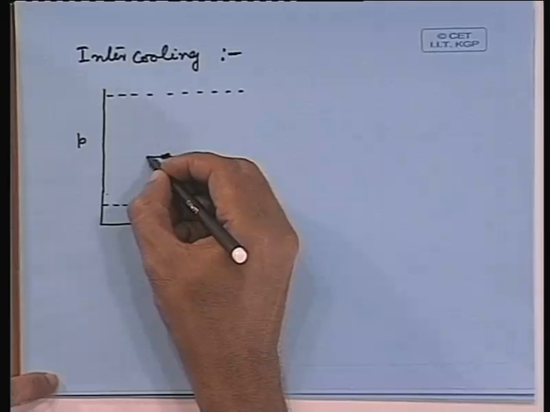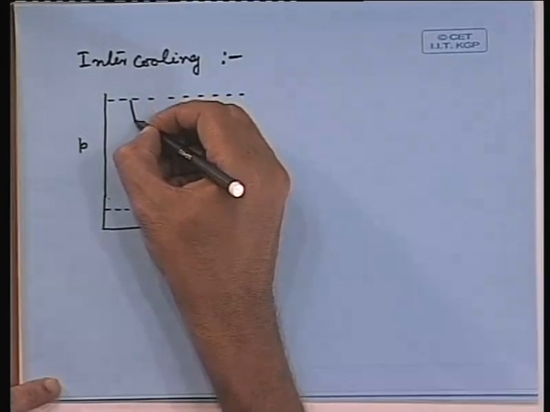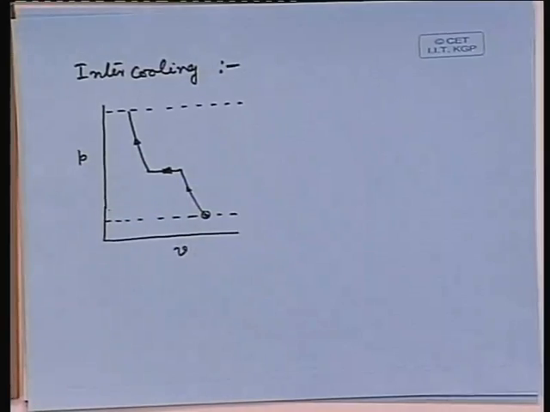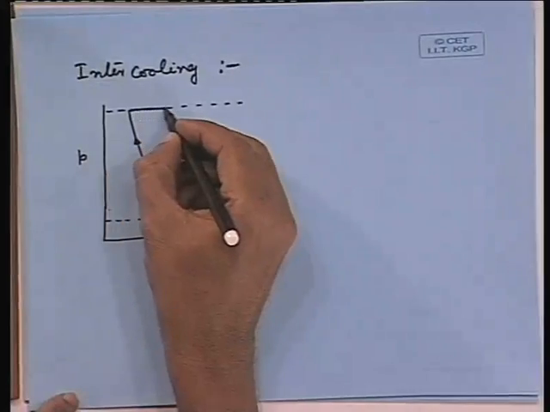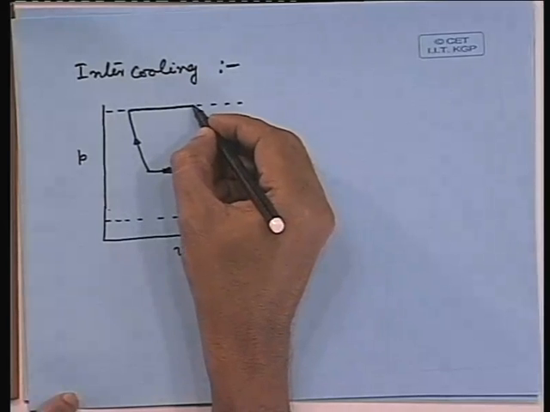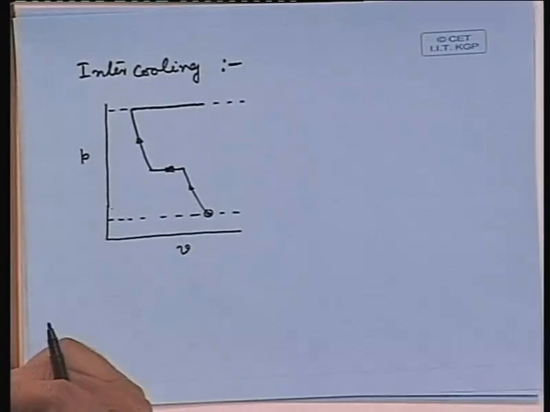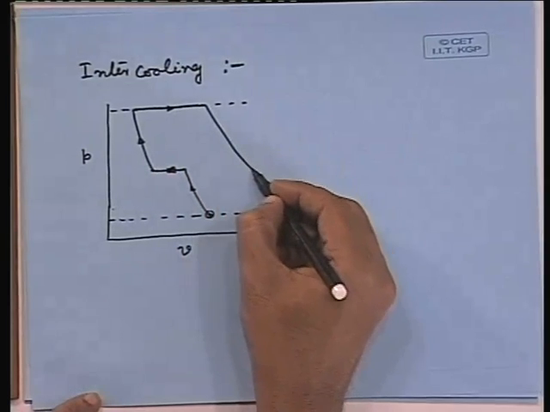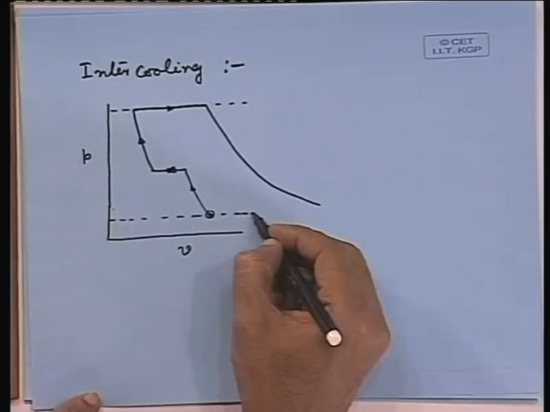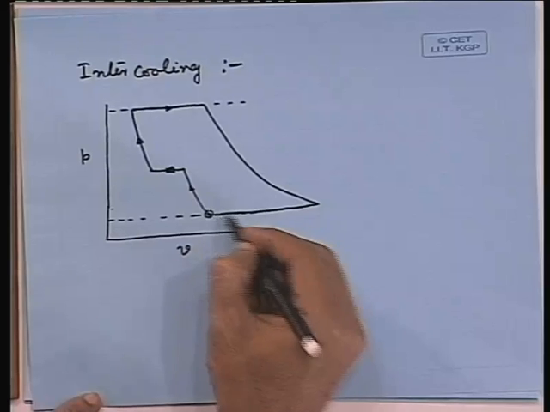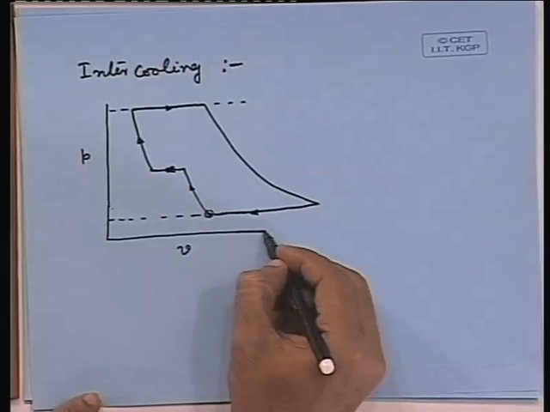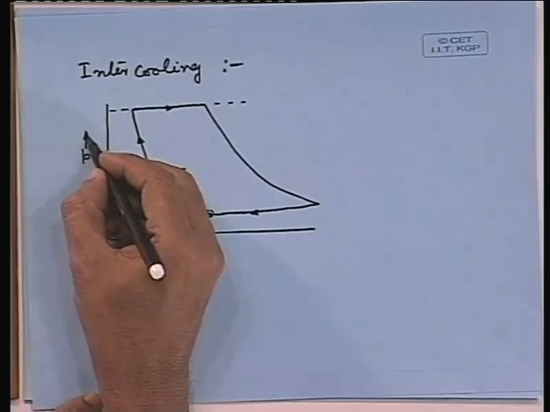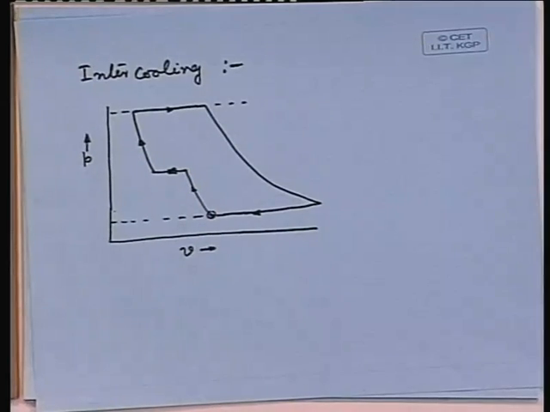So, we will have some intercooling, and then again we will have the compression up to the final pressure, and then combustion, of course, which is replaced by a constant pressure heat addition, and then expansion, and then constant pressure heat rejection. So, this is our PV diagram for the entire process.